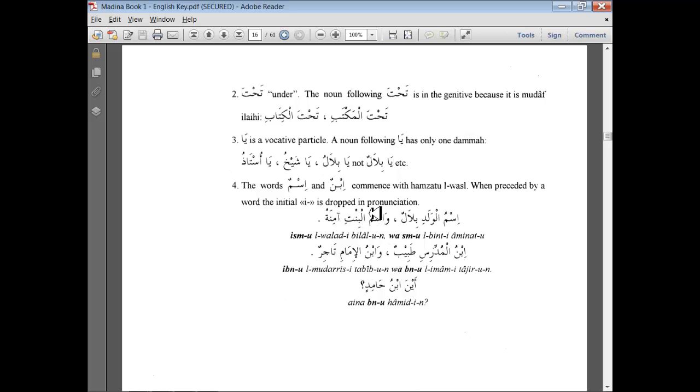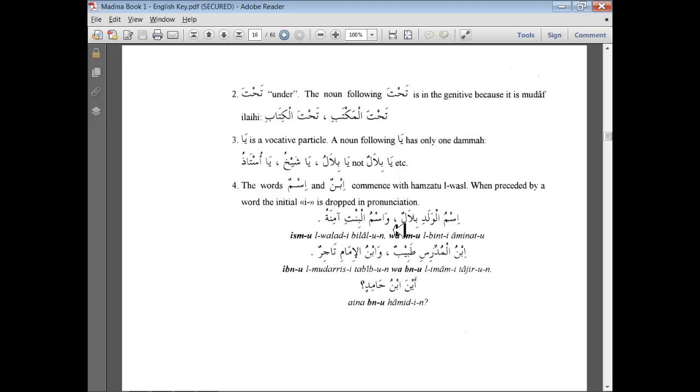So for example, here in the sentence, ismul waladi Bilalun, my son's name is Bilal. In this case, this alif here is the hamzatul wasli, so it will not be pronounced because of ism, this idafa.